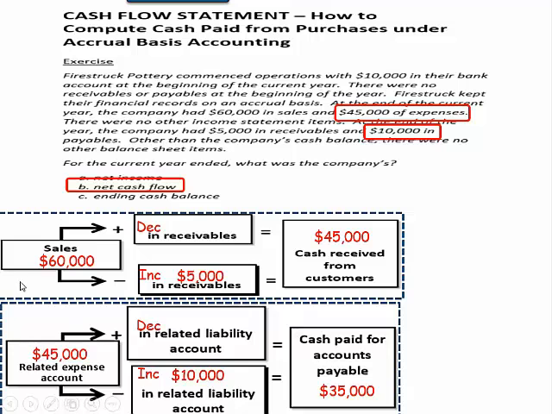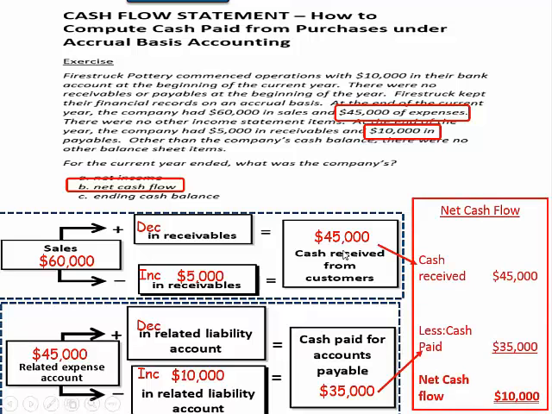Now what I said is I need to compute my net cash flow, and it's a very simple thing. I compare my cash inflows against my cash outflows. My net cash flow is, okay, I have $55,000 of cash received, and again I carry that error onto this net cash flow statement. So that should say net cash received $55,000. From that, I subtract my cash outflows. In this case, it's $35,000.